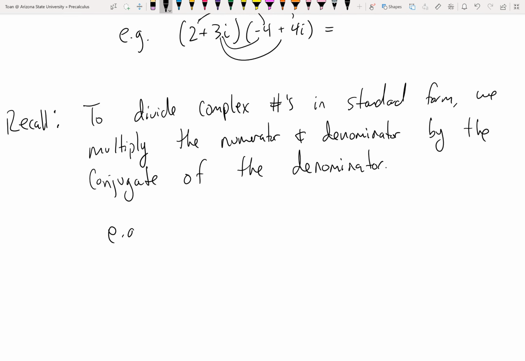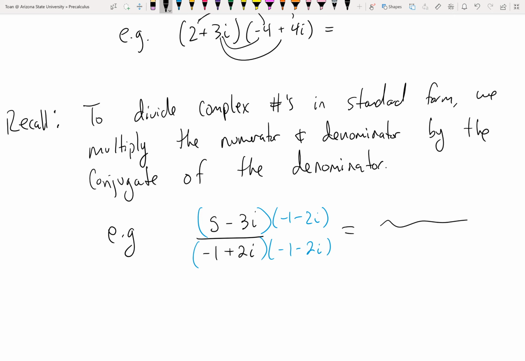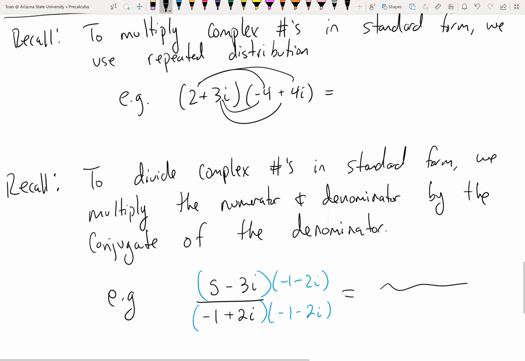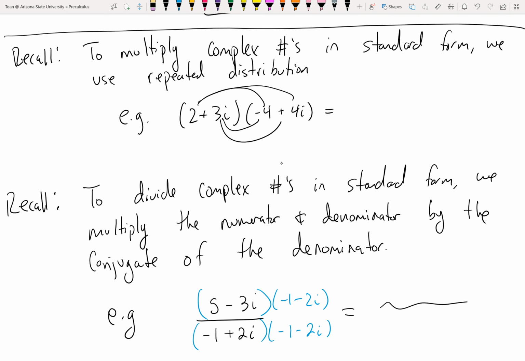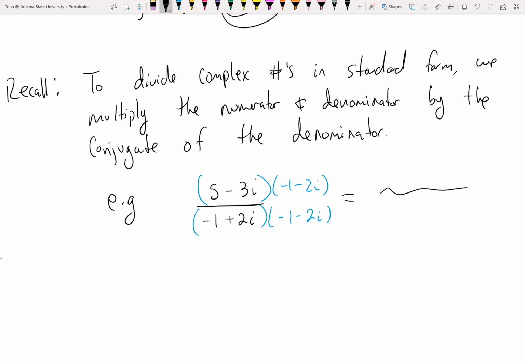For example, if I want to divide 5 minus 3i by -1 plus 2i, you would first have to multiply top and bottom by the conjugate of the denominator. And then once you do that, you had to simplify the numerator and denominator separately. So dividing complex numbers in standard form was basically 2 of the multiplication problems in 1. Not physically hard, it's not really that complicated. It's just very tedious, lots of work. A lot of people made little mistakes when it came to multiplying, combining like terms, and so on.